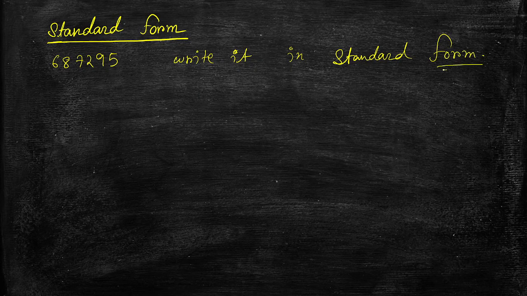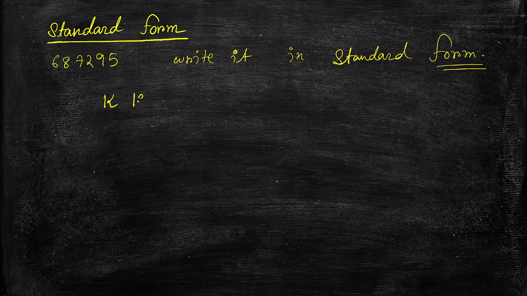So how to find out the standard form? Standard form is a number which is written as n multiplied by 10 to the power k, or in your book, it will be written as k into 10 to the power n. Let me rewrite it.